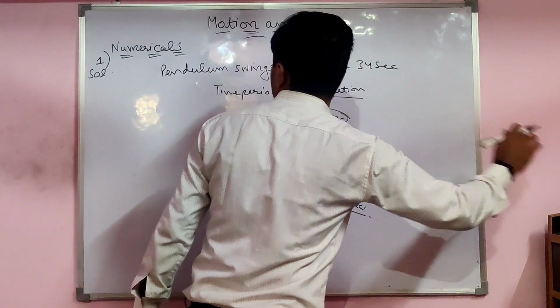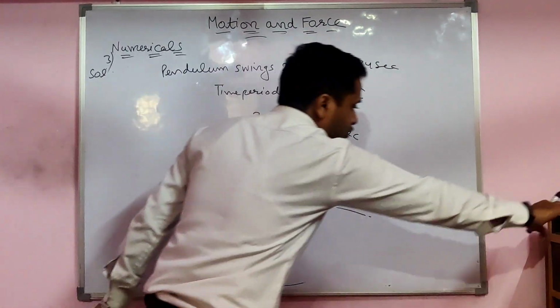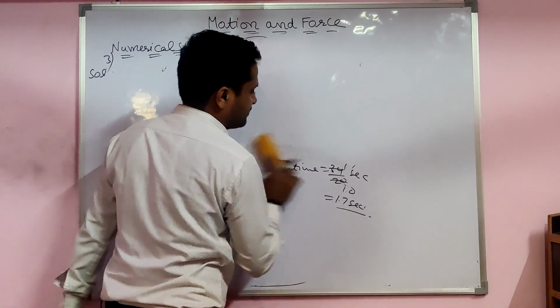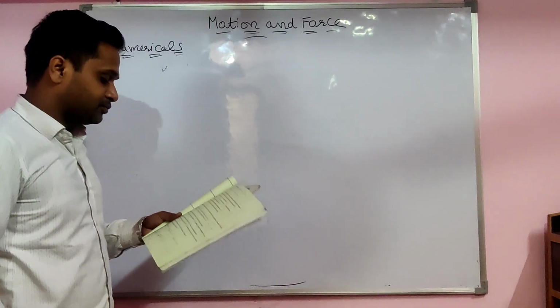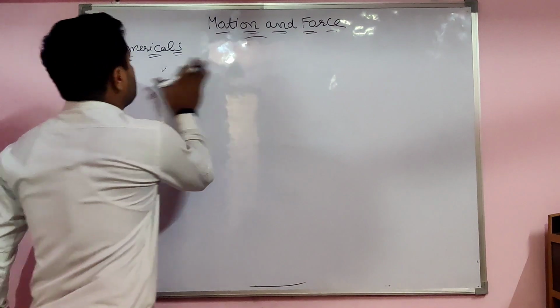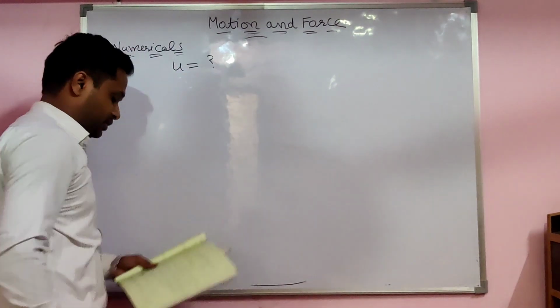Now come to the fourth numerical. Very easy, that one, student. Find the initial velocity of the car. One car is there, initial velocity u you have to find out.